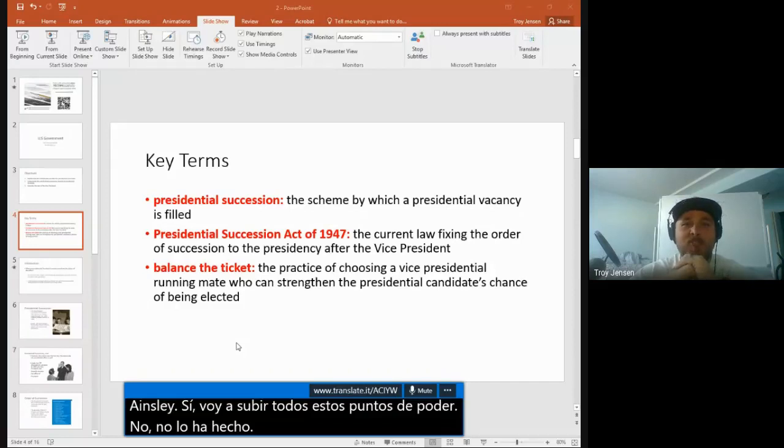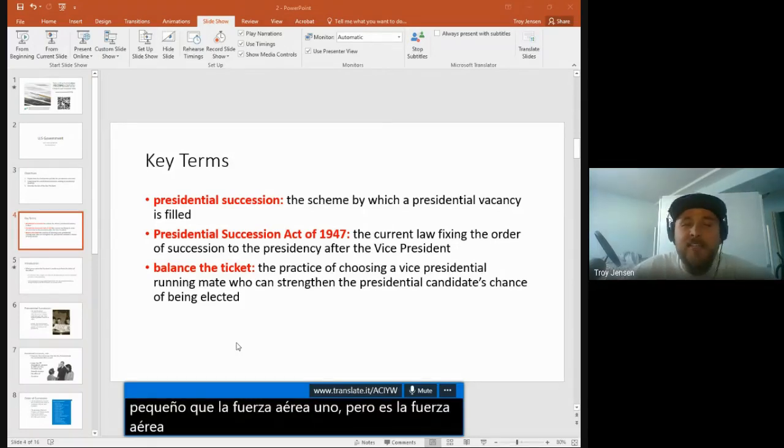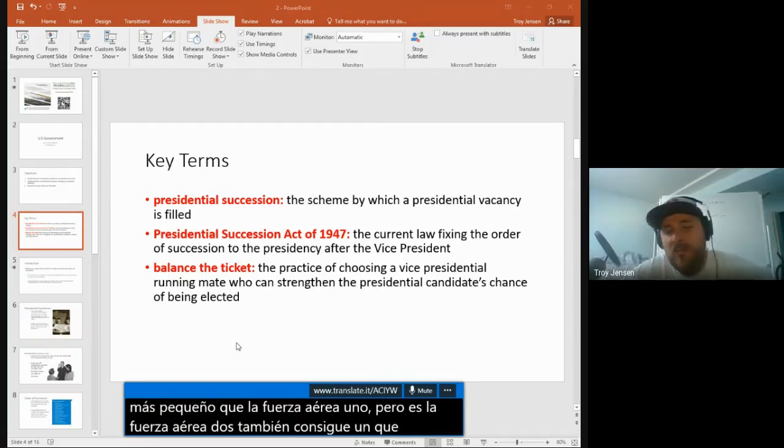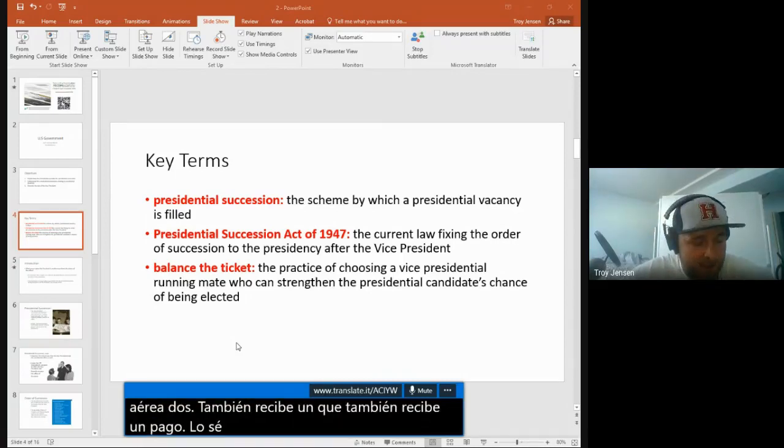Yes, so Air Force Two. He gets his own private jet. It's a lot smaller than Air Force One, but it's Air Force Two. He also gets paid. I know the pay has changed based on the presidency, but a lot of that is really determined by the president of the United States. He also is protected by Secret Service as well.